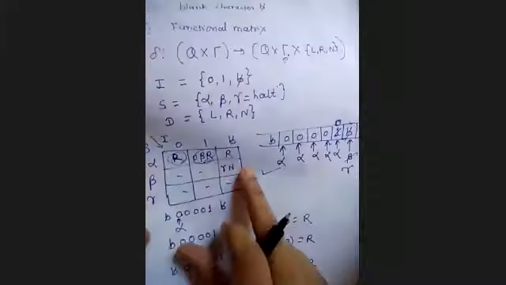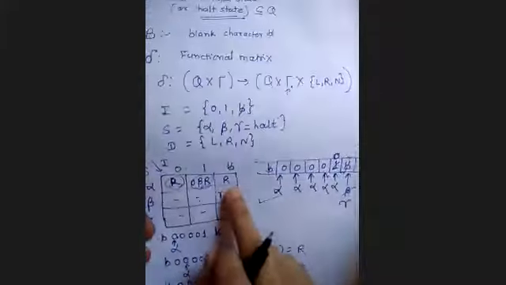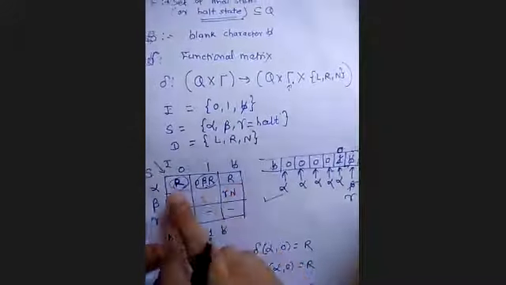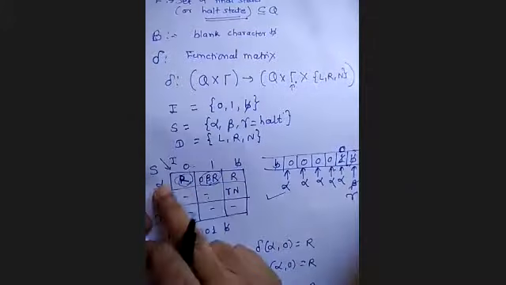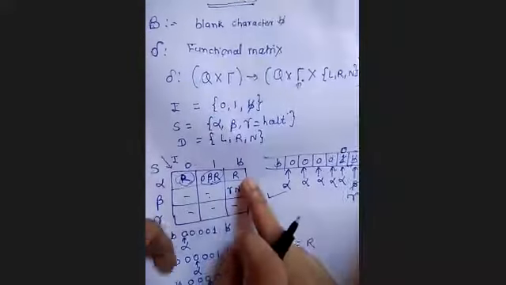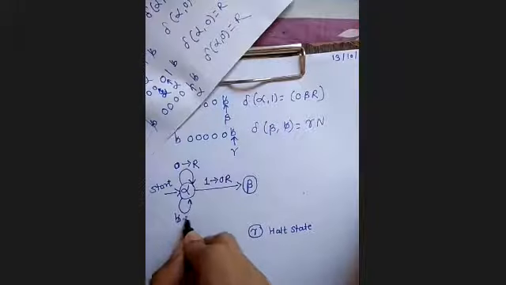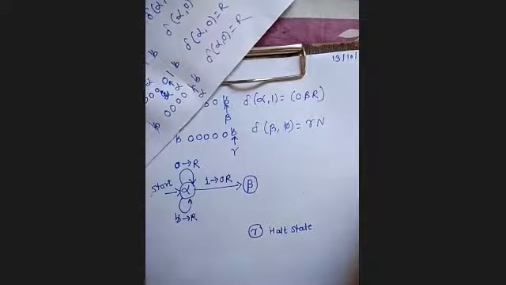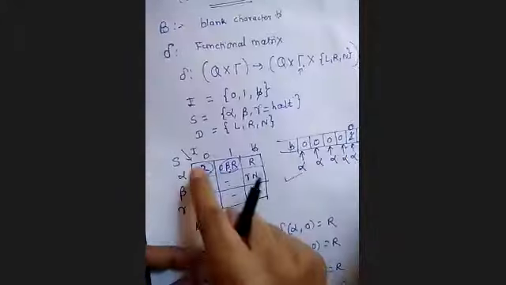Now, what does this indicate? On reading blank, this will be the same edge as that of alpha on 0. It just moves to the right. State is not changed, so this edge is from alpha to alpha. But now the input symbol is blank, and it just moved to the right. So 3 edges we completed for this.